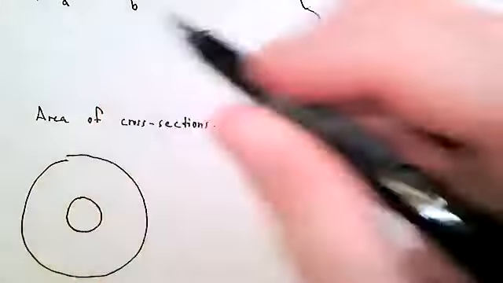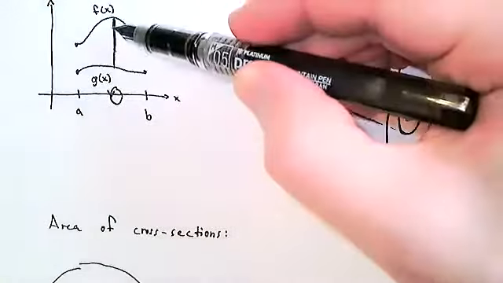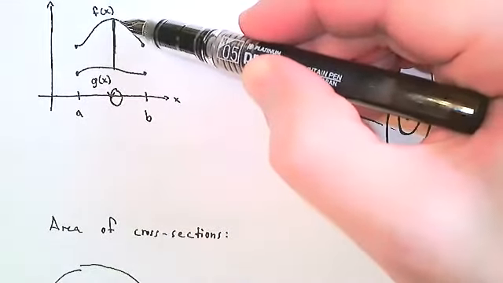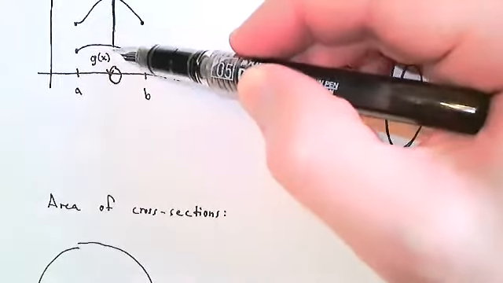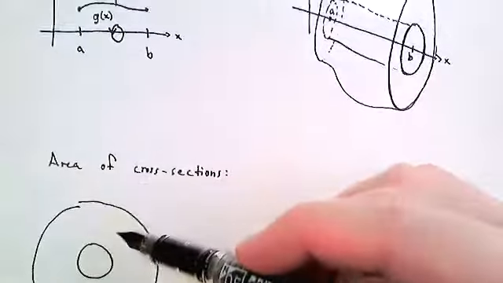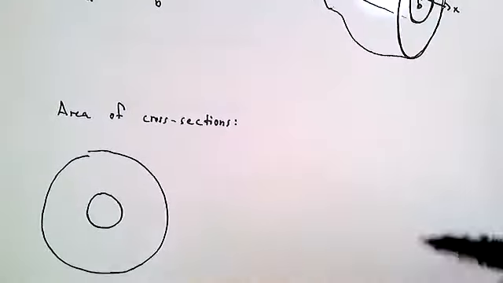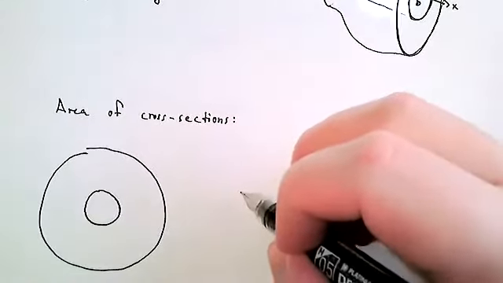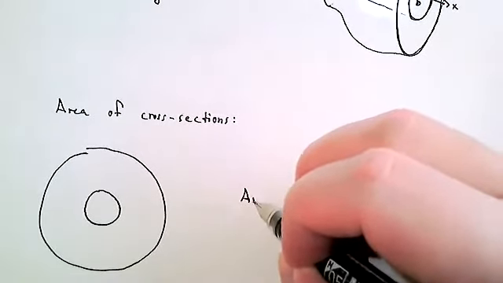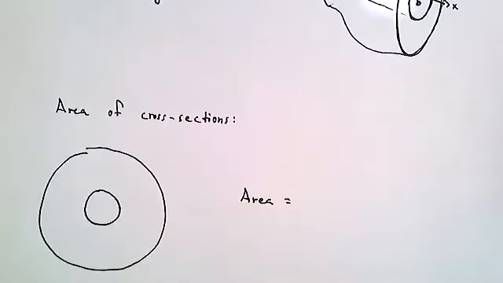So the outer circle comes from the higher function, and the inner circle is going to come from the smaller function. And we need to find the area of one of these.